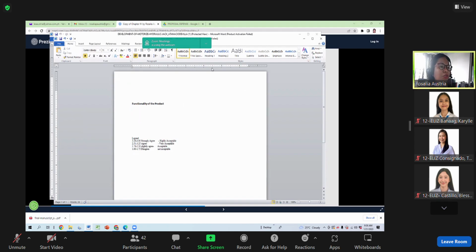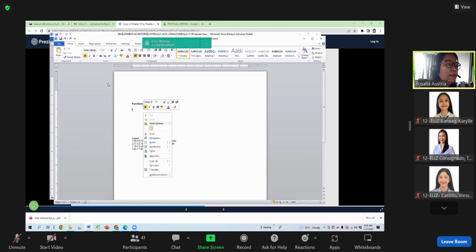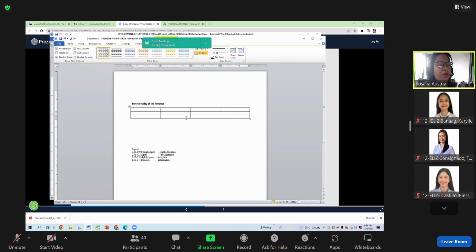Now, how are you going to come up with a table? Let me explain it. Let us make a table first. Insert table, 1, 2, 3, 4. You will make 3 columns. One for the description, so put your description there.